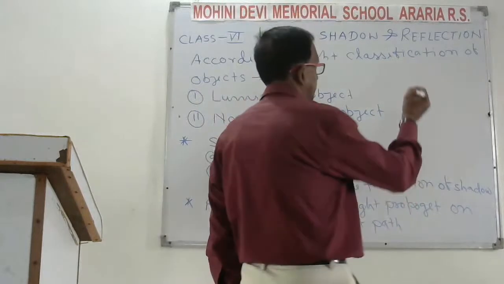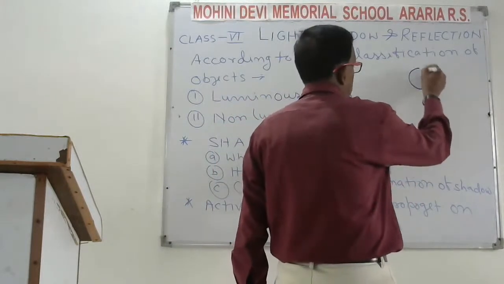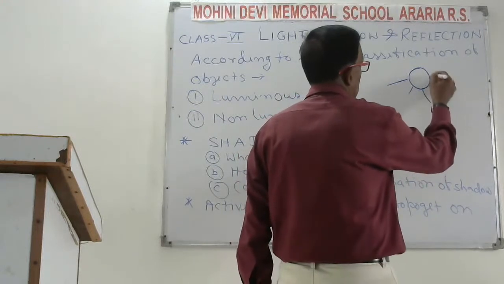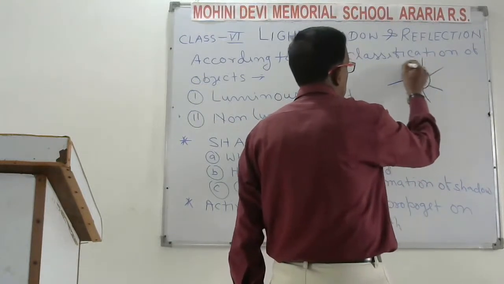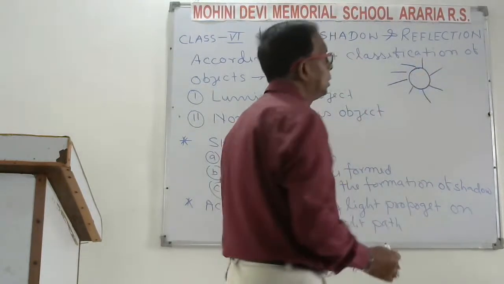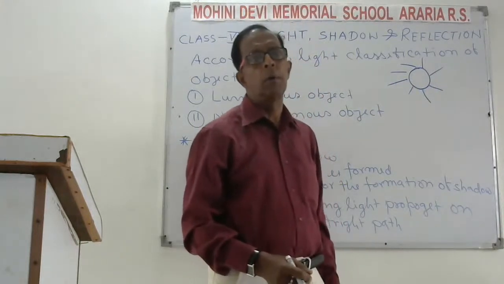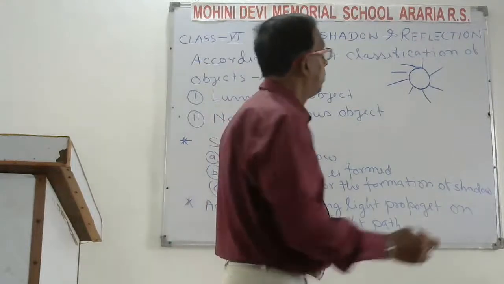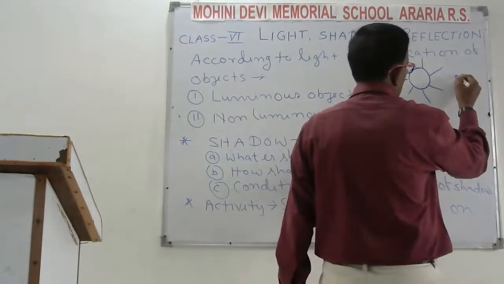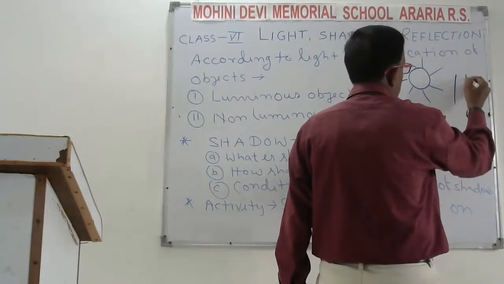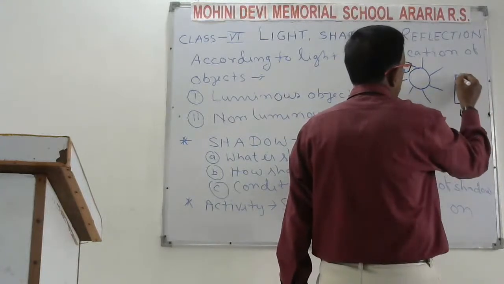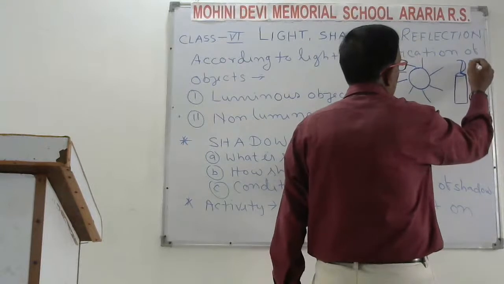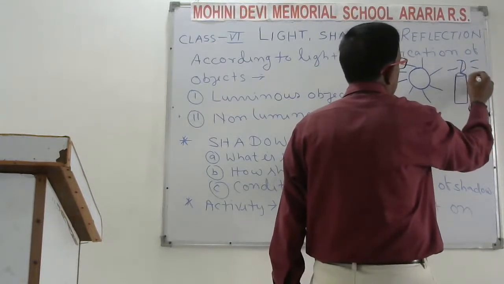The sun emits light. It has its own light. It always emits light. It is emitting light from 5 Arab years ago. A burning candle is also a luminous object which emits light.